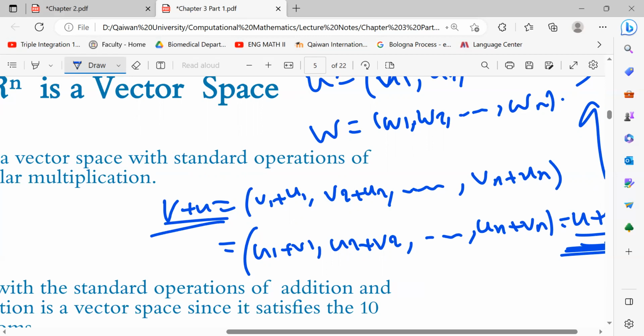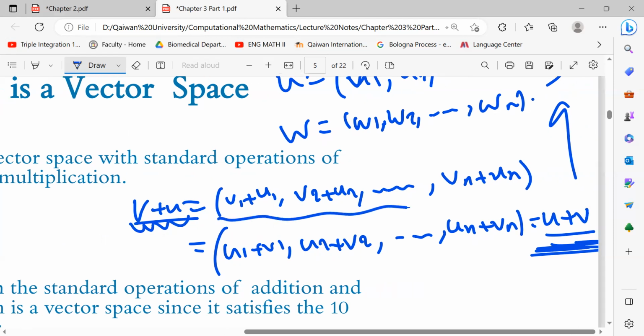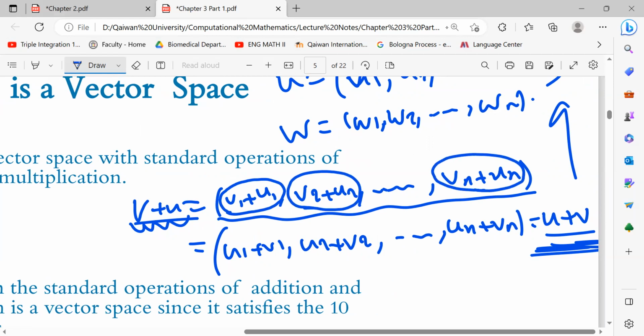Then we need to prove that it's commutative for addition. u plus v must equal v plus u. v plus u is this vector, and here we have u1 plus v1 and u2 plus v2 up to vn plus un.